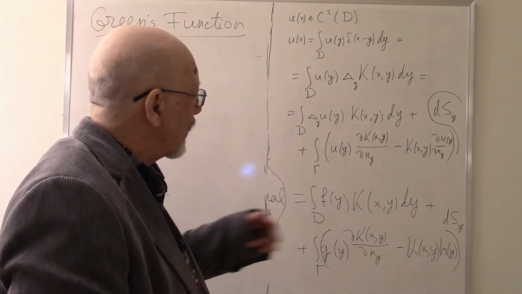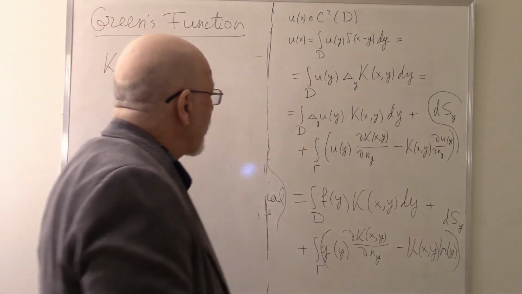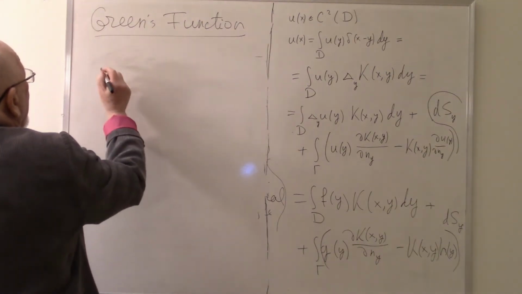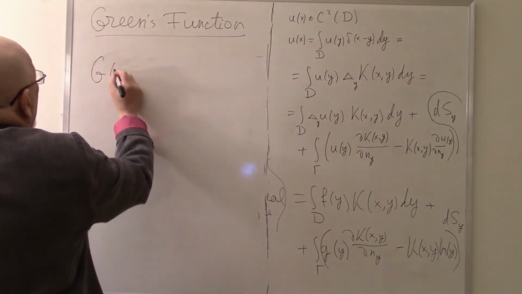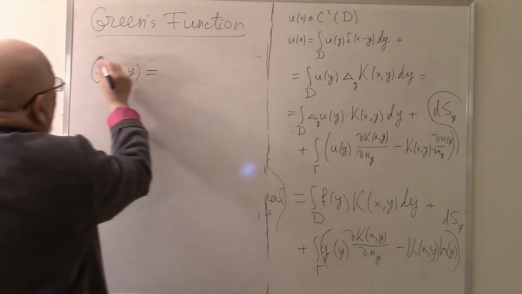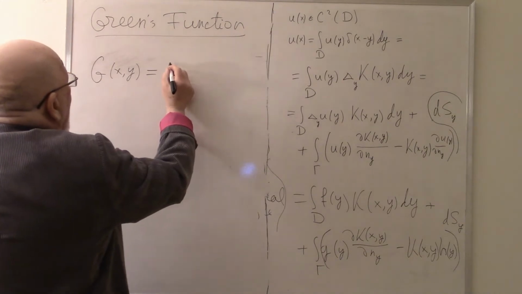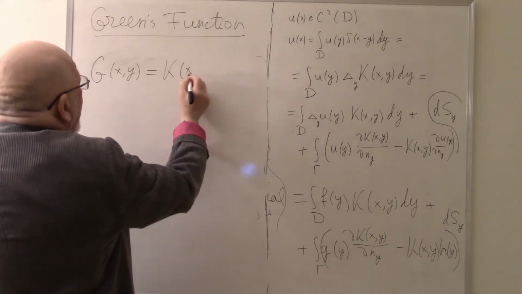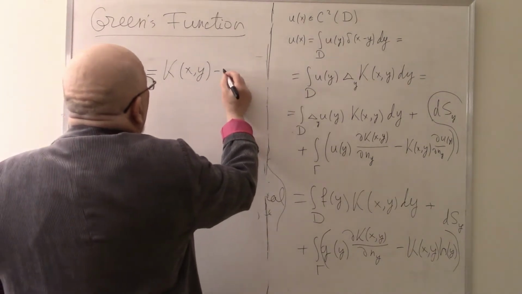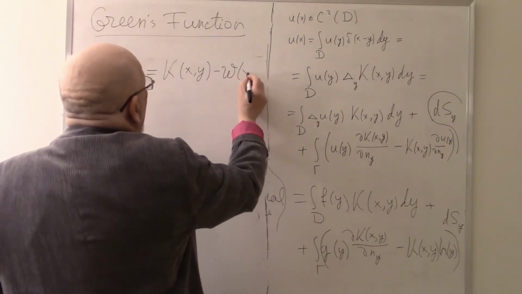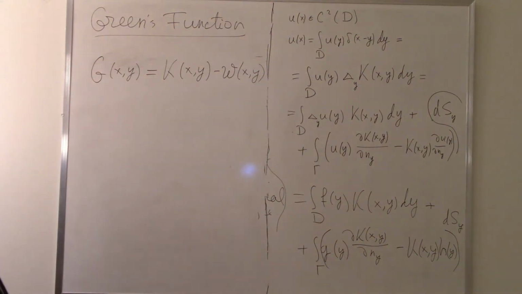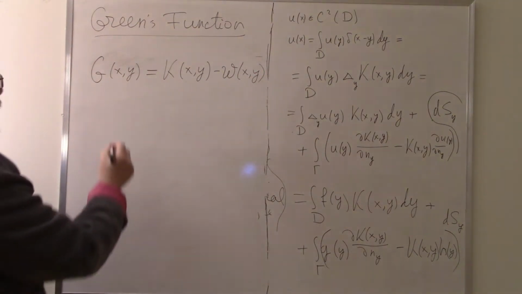At least we don't see how to do it. So let us correct it a little bit. G of xy, the Green's function, equals k of xy, the fundamental solution, minus a function, say, w of xy.